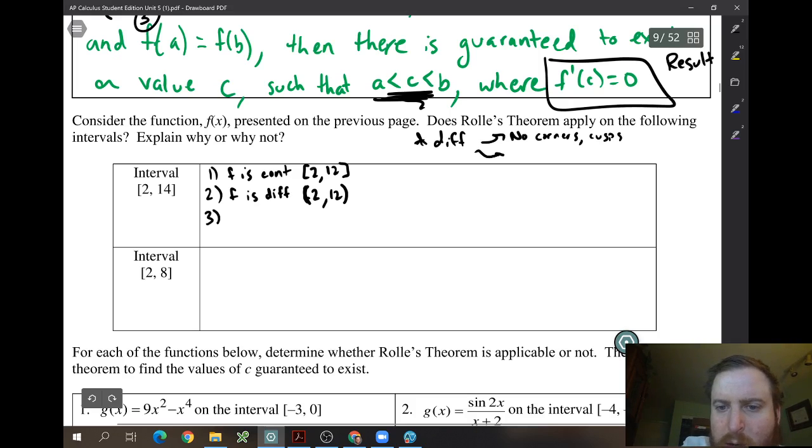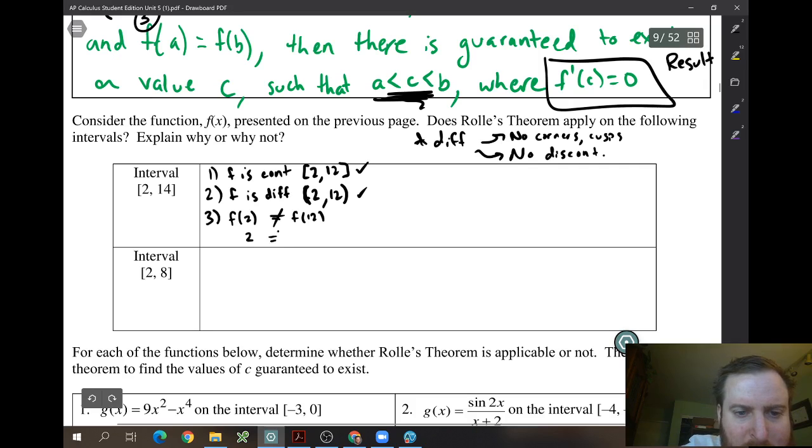And then we also want no discontinuities, right? So no jumps, no holes, no vertical asymptotes, none of those little oscillating parts. So we're looking for cusps, corners, or discontinuities. And so those two did work, right? But then f of 2 basically was not equal to f of 12, right? Because 5 was not equal to 8. Right, so we could say Rolle's theorem does not apply.